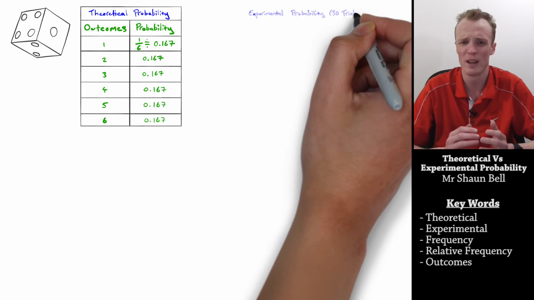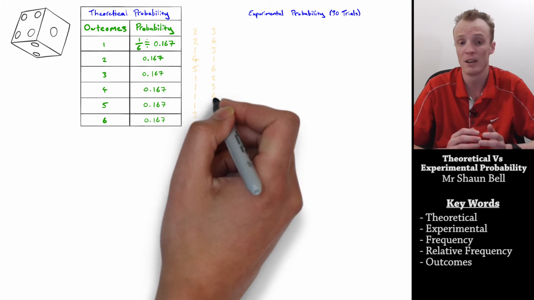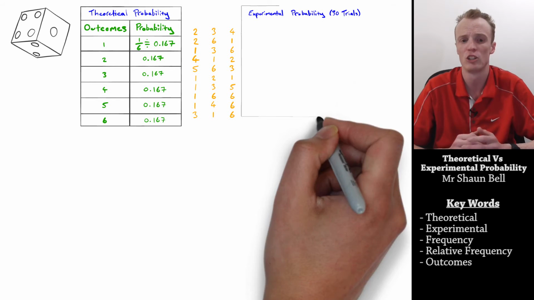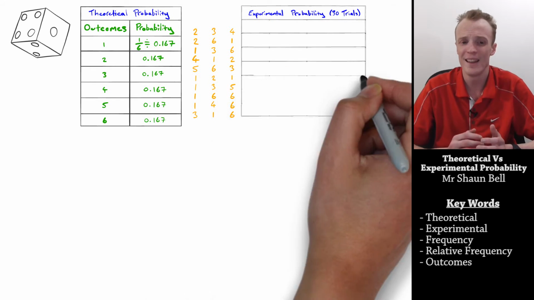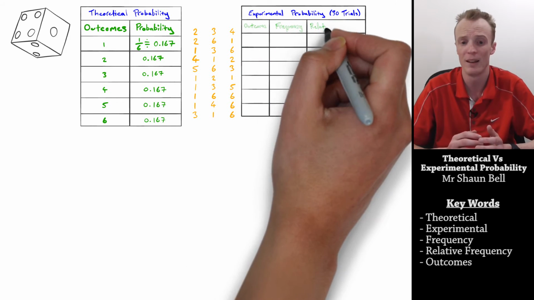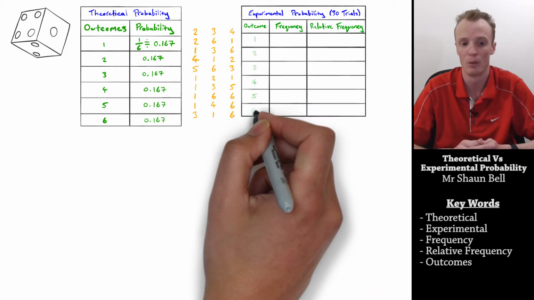Well, let's continue with our rolling the die scenario. What if I were to roll this six-sided die 30 times and record the result each time? What I can then do is use this information to calculate the probability of each outcome occurring based on the 30 rolls.